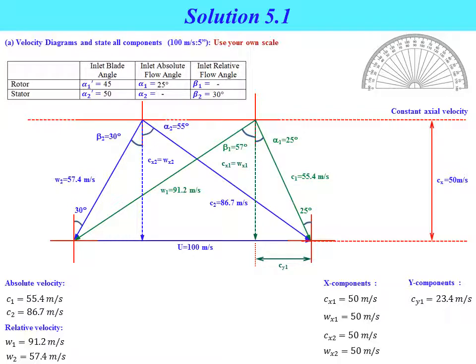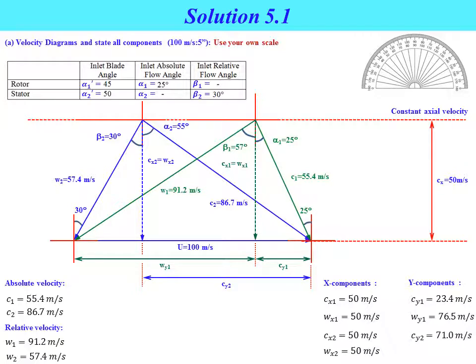So Cy1 equal to 23.4 meter per second, Wy1 equal to 76.5 meter per second, Cy2 equal to 71.0 meter per second, and Wy2 equal to 28.7 meter per second. So these are the values for the velocity diagram both at the inlet of the rotor and also the inlet of the stator.